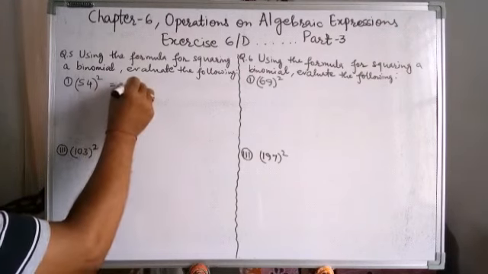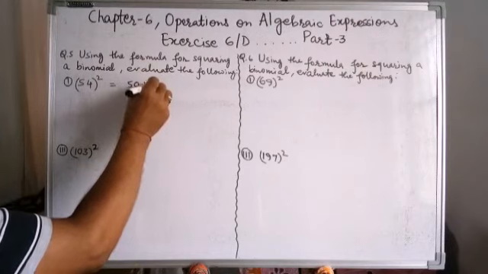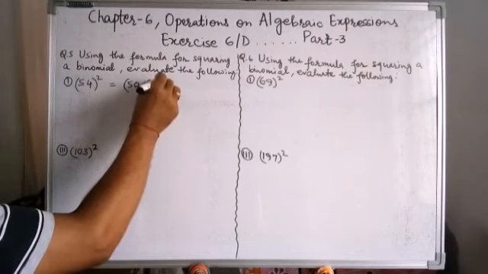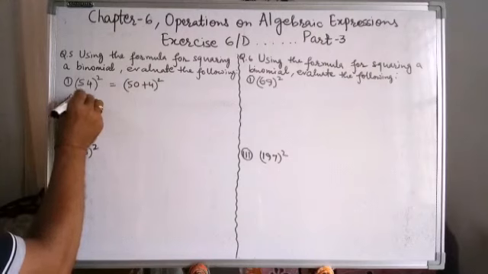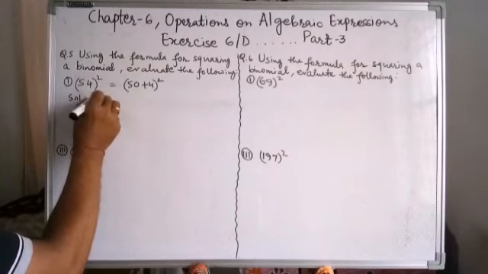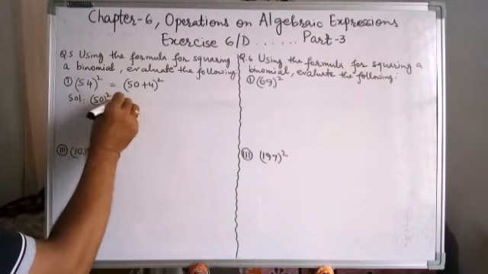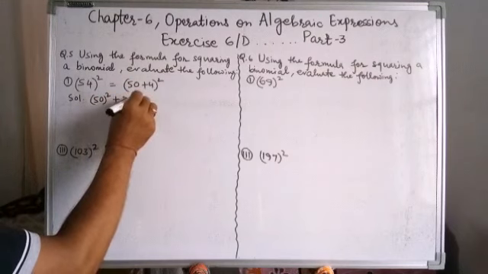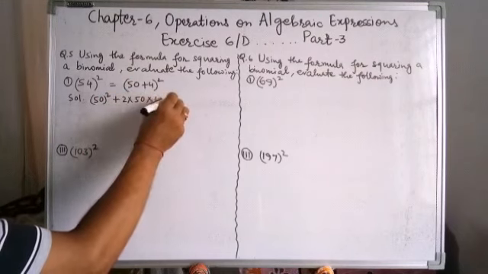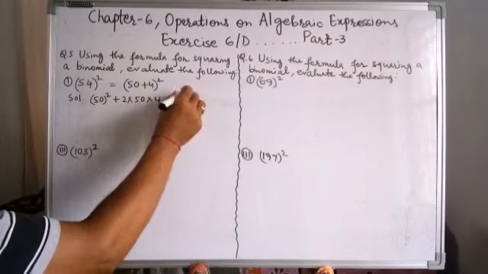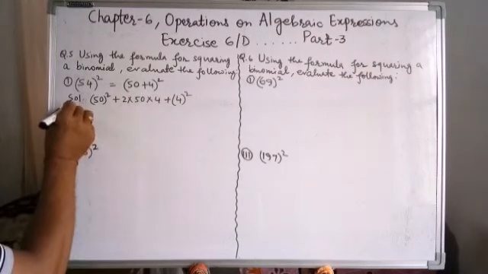54 can be written as 50 plus 4 and its whole square, that is equal to 50 square plus 2 into 50 into 4 plus square of 4.